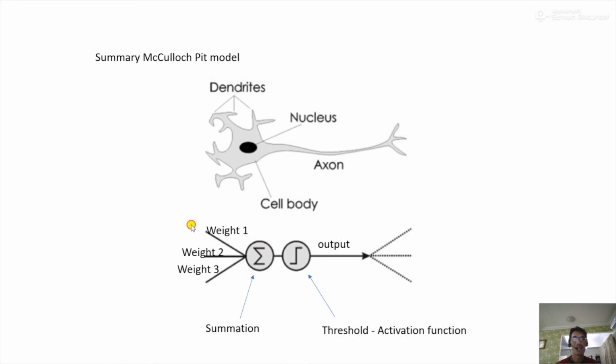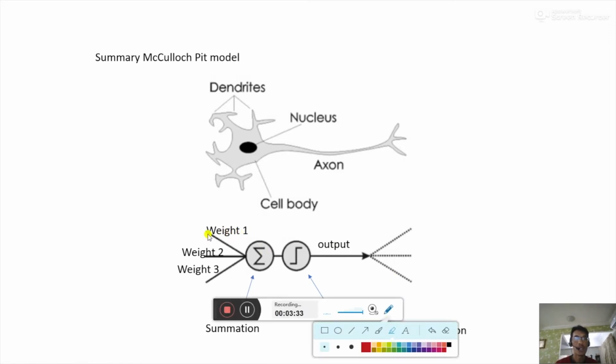Down there, this is the McCulloch-Pitts model. You're going to see this line, basically let's say this line is a dendrite, and this line is another dendrite, and this line is another dendrite. We're going to have that, and this summation is basically inside there.